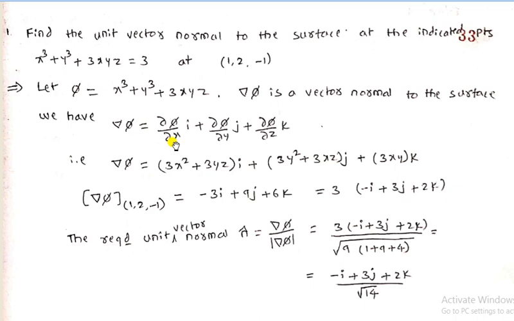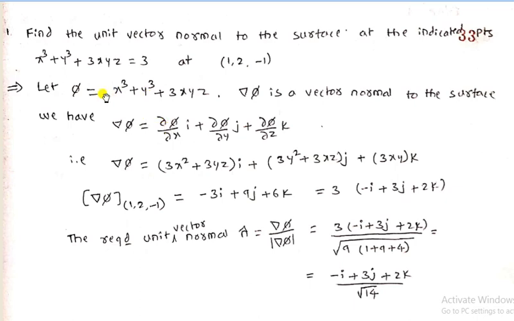Partially means while differentiating with respect to x, treating y and z as temporarily constant. Similarly, dou by dou y means differentiate phi with respect to y, treating x and z as temporarily constant, and in dou by dou z differentiate phi with respect to z, treating x and y as constant.